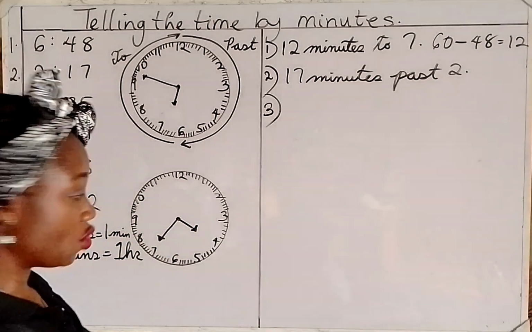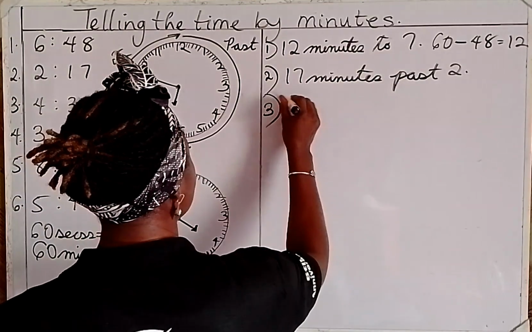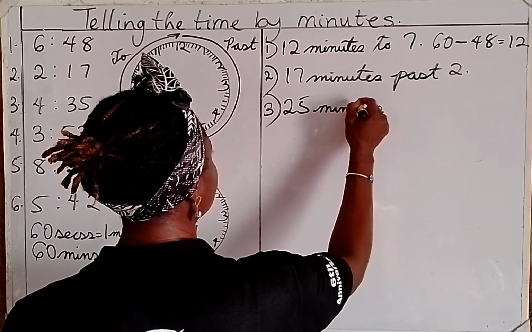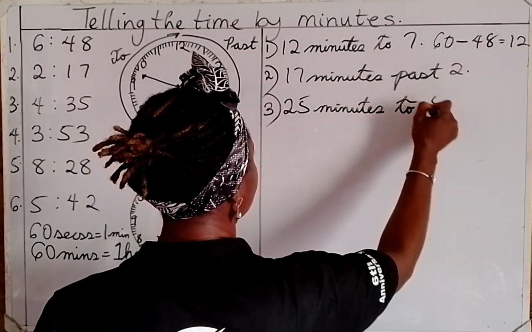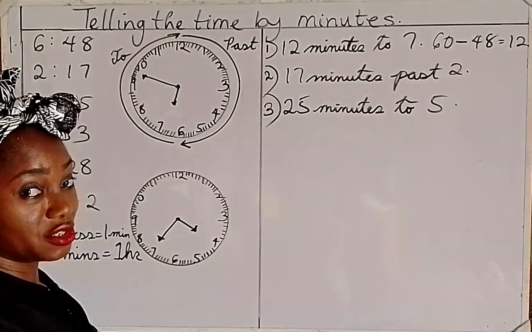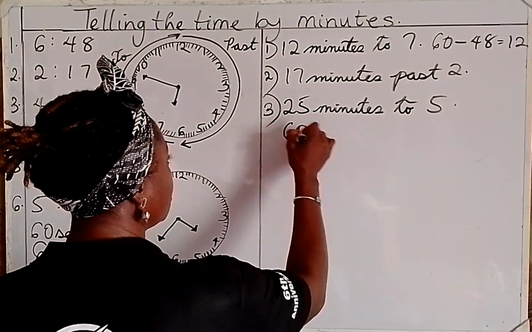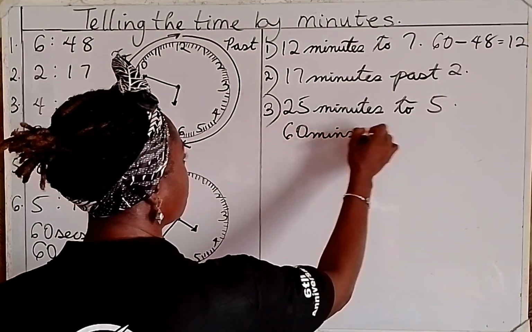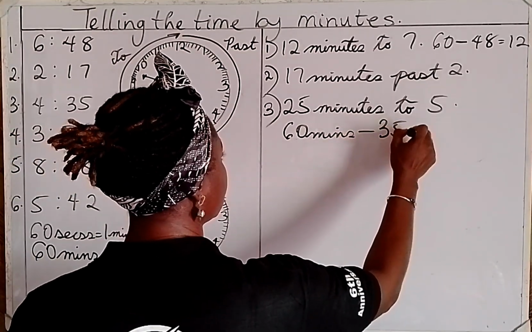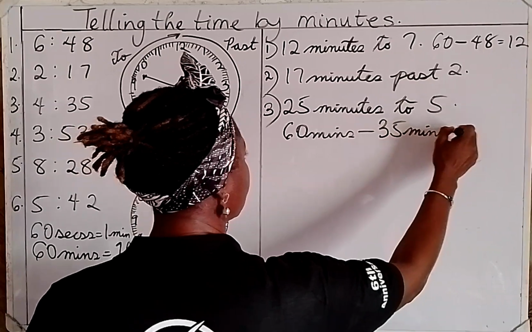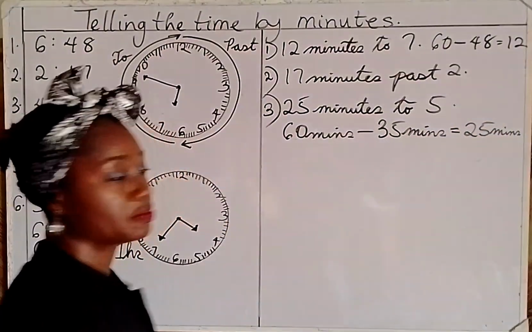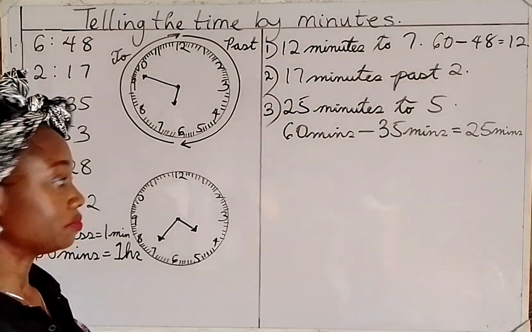So that's 25 minutes to 5. Or better still, we can say 60 minutes minus 35 minutes gives us 25 minutes. So it's the same answer.